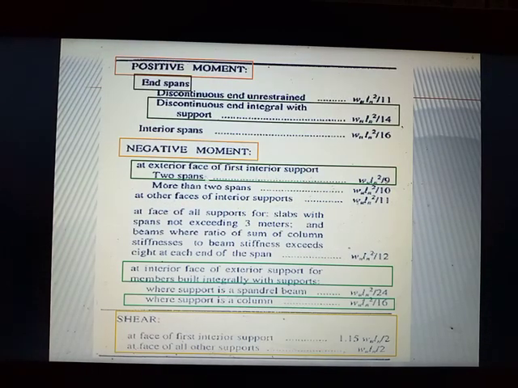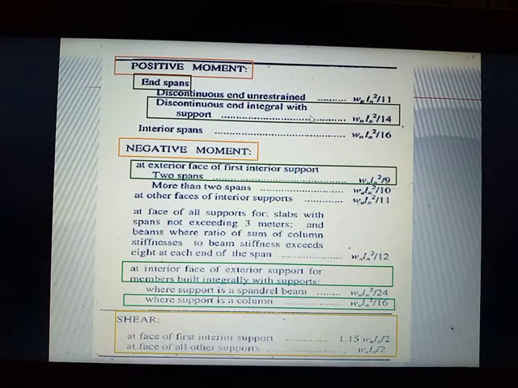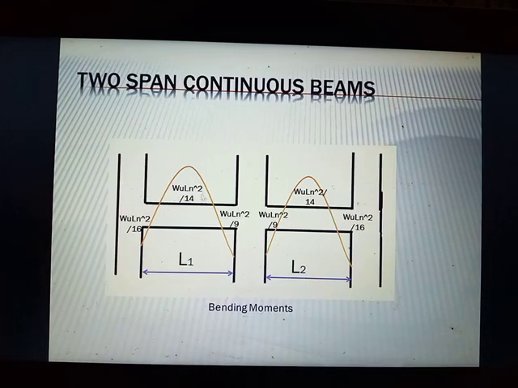And then for the positive moment, located at the middle, the discontinuous end integral with support is Wu Ln squared over 14.